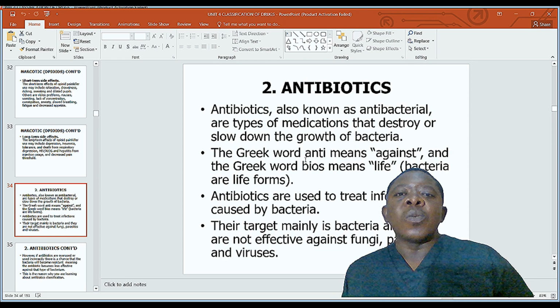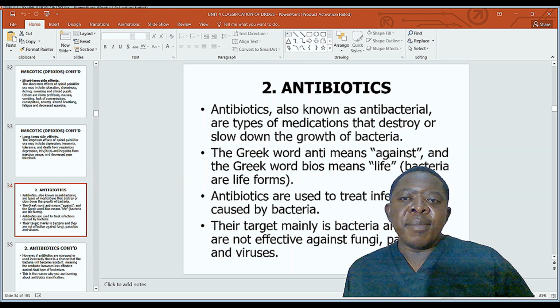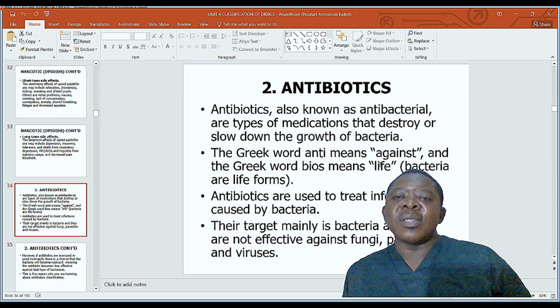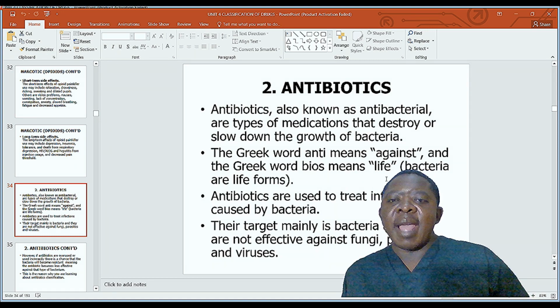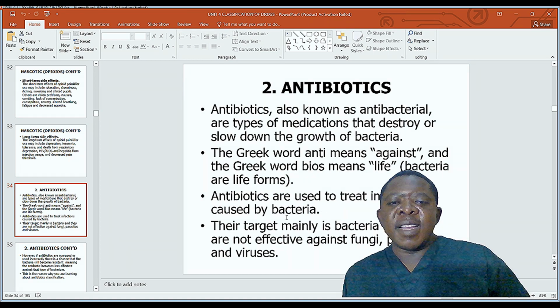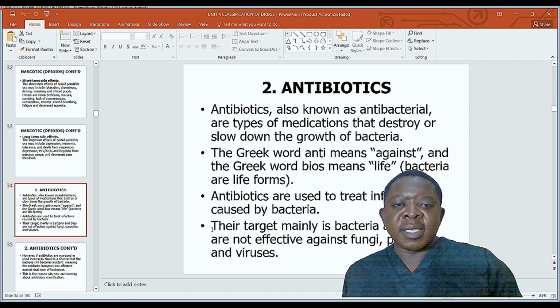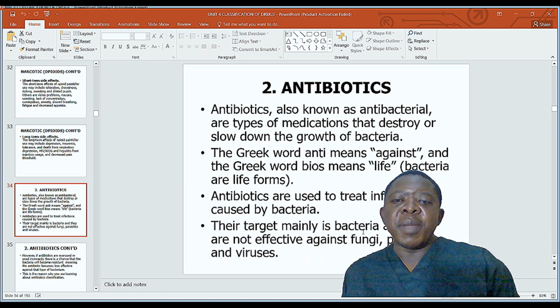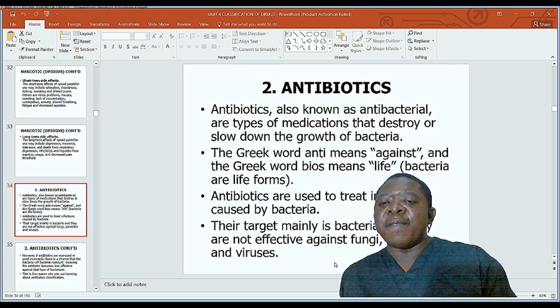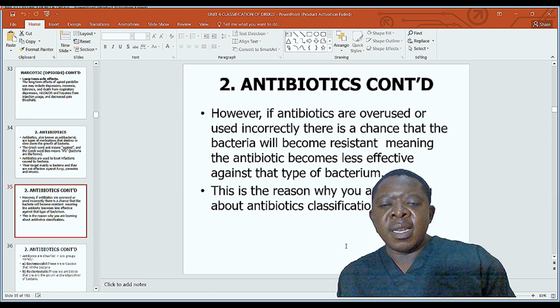The Greek word anti means against, and the Greek word bios means life, so against bacterial life. Antibiotics are used to treat infection caused by bacteria. Their target mainly is the bacteria, and they are not effective against fungi, parasites, and viruses.